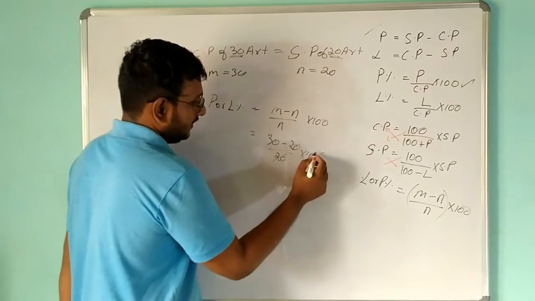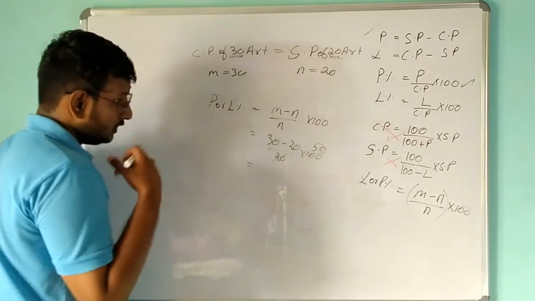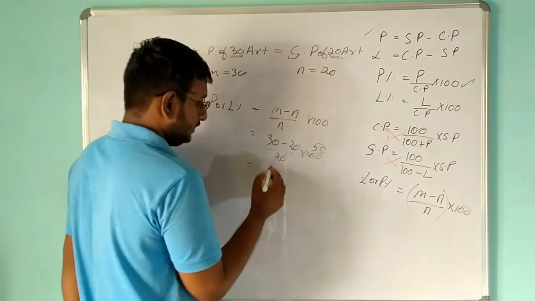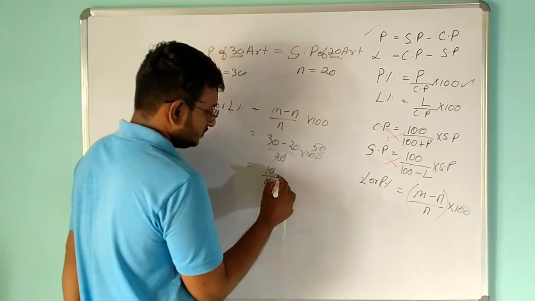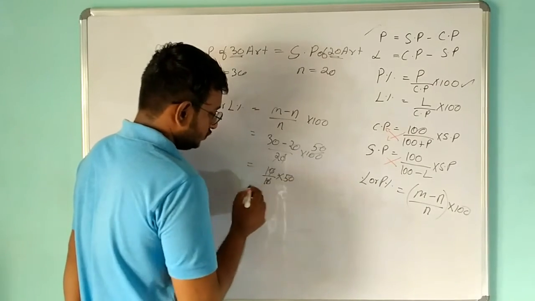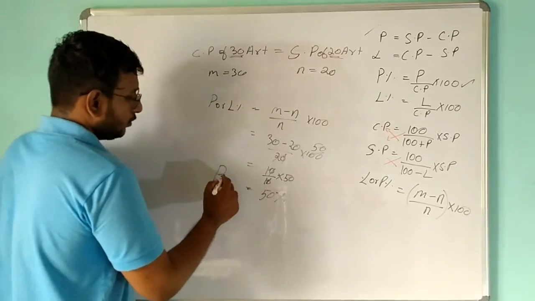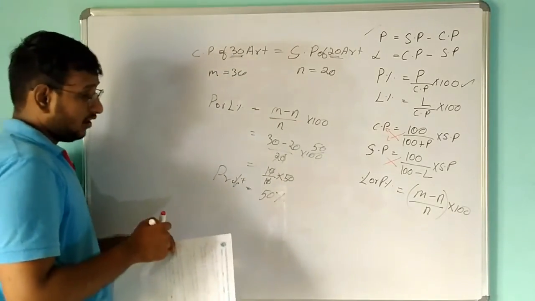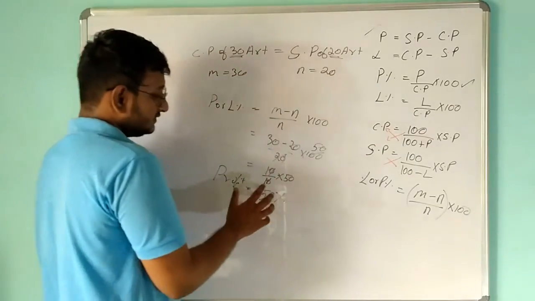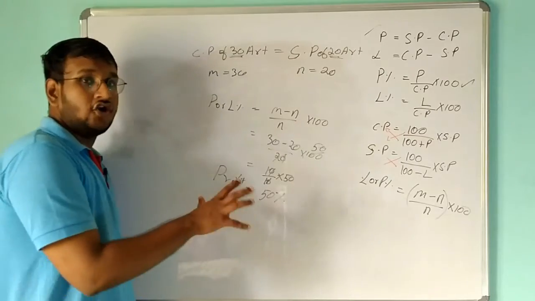So I can cancel it by 10, then I will be having 10 below, so I can cancel this too. I will be having around 50%. So I will be having a profit of 50%. Okay, why I am saying it is a profit is because we are getting this in a positive sign. We are getting a plus 50, we are not getting minus 50.